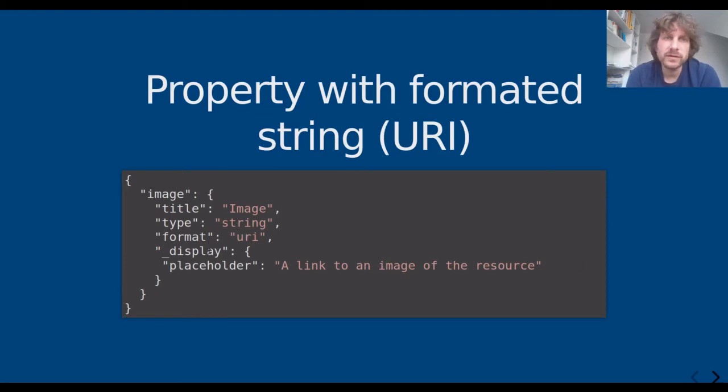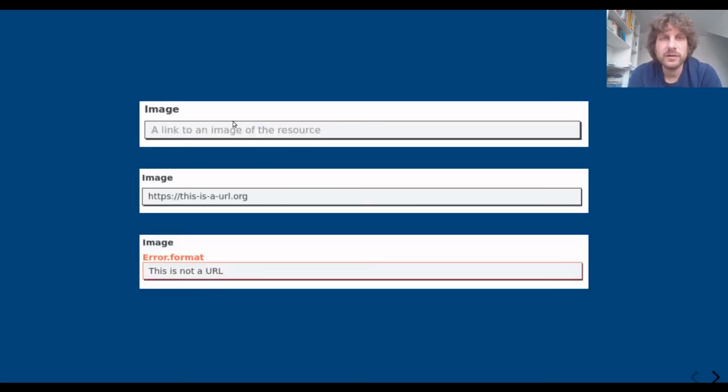And this one adds the field image to the JSON data, which will be shown as image in the editor, and which expects a string of format URI. And as you can see, I can also define a placeholder for the web form here in the schema, which is quite nice. This will look like this.